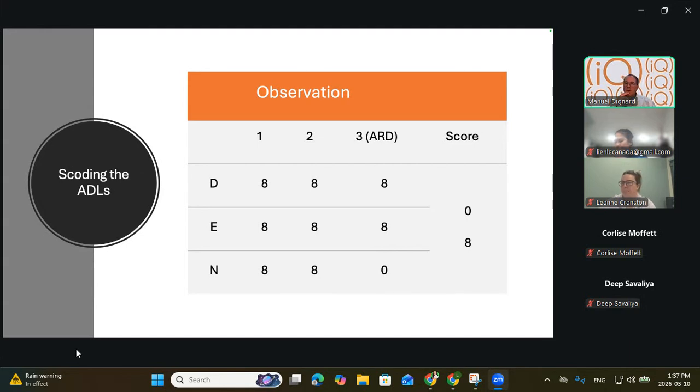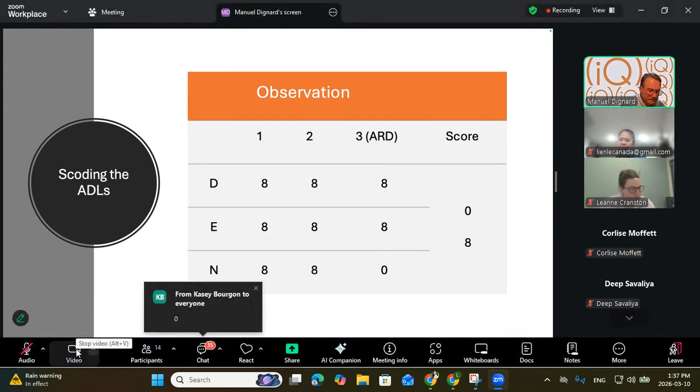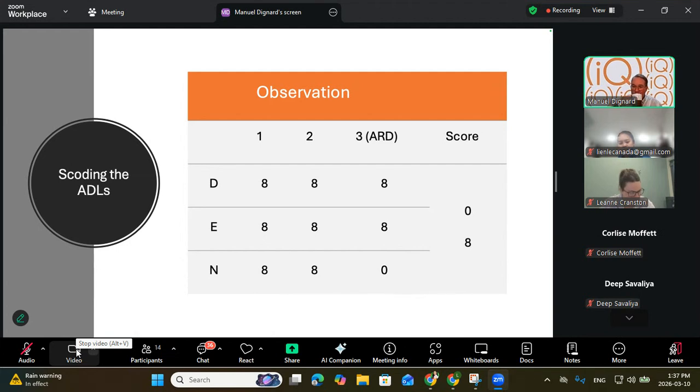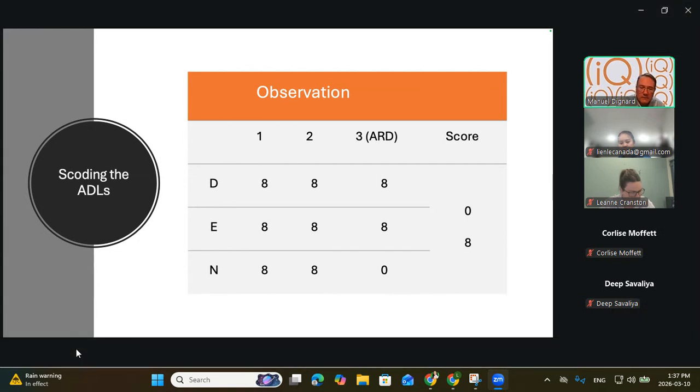So what would you code this one? So if we look at that last sentence on page 76, if only one observed episode occurred in 3 days, code based on that single episode.